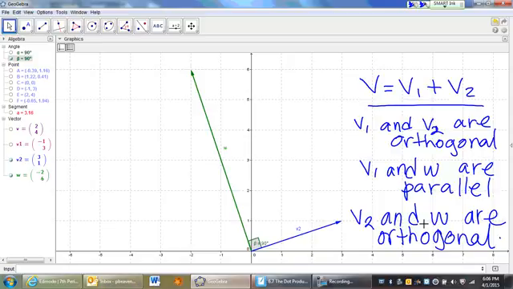Okay, and so what we know here is something interesting, that V sub 2 is actually orthogonal to W, and it's also orthogonal to V sub 1.